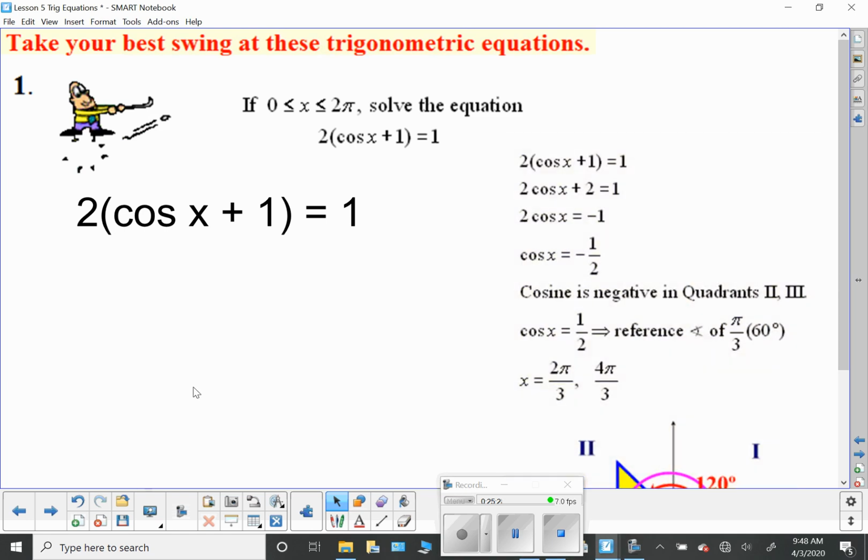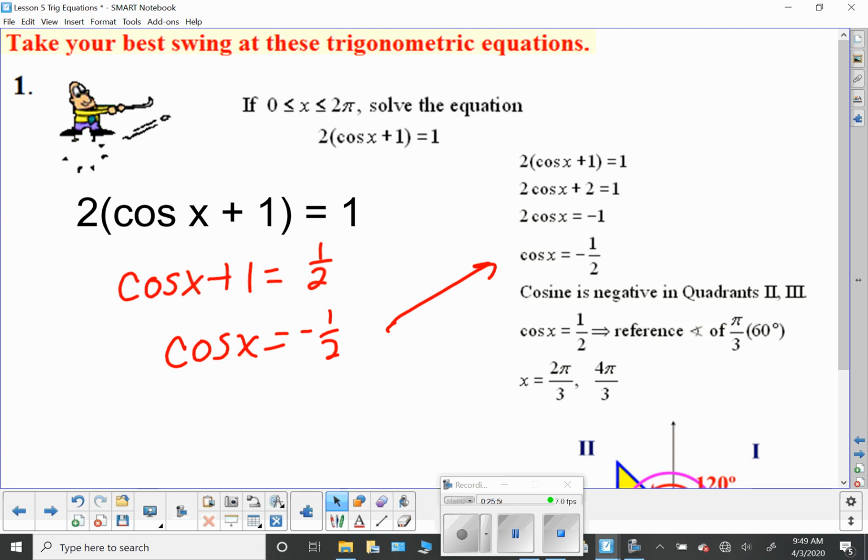So for this one, yes, I distributed. Could you do it another way? Sure. I could have divided both sides by 2, and then subtracted 1. And notice I get to the same place.